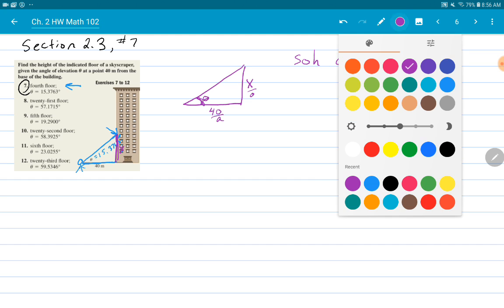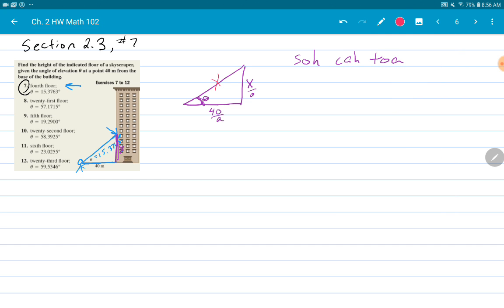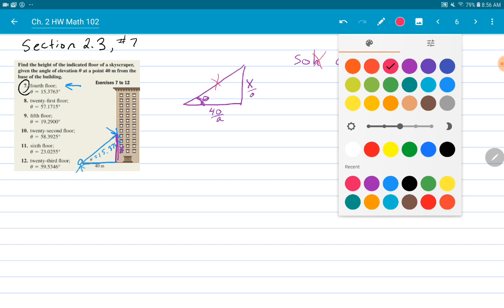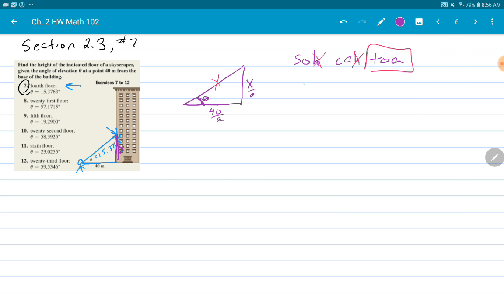So since I don't have it, I don't need it, I don't want it in my equation, then I'm not going to use SO or CA, which leaves me with TOA. That is tangent. So I get tangent of theta equals opposite over adjacent, which in this case is the thing we need, the height. I'm going to let x equal the height of the building at that floor.